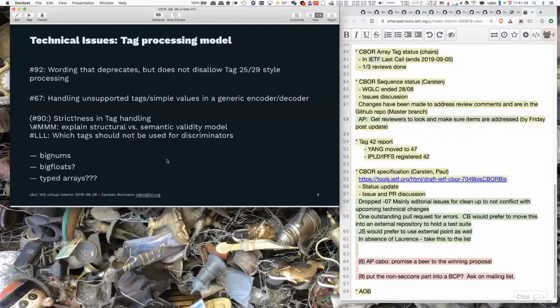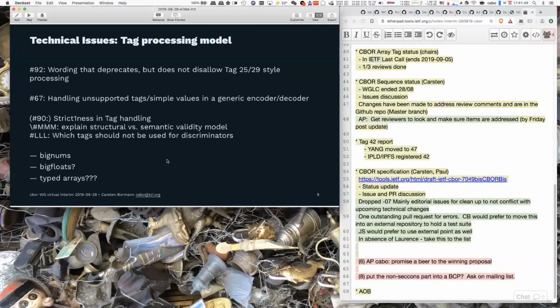And the problem, of course, is that other implementations freely convert between their internal number formats and classic integers and big nums and so on. So they really don't make that distinction.